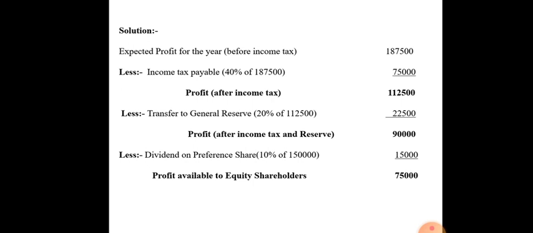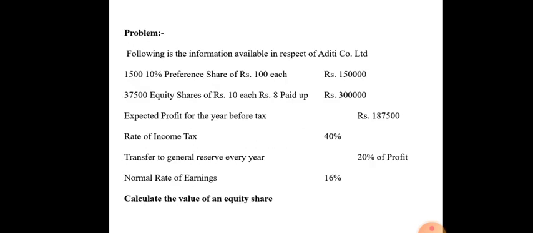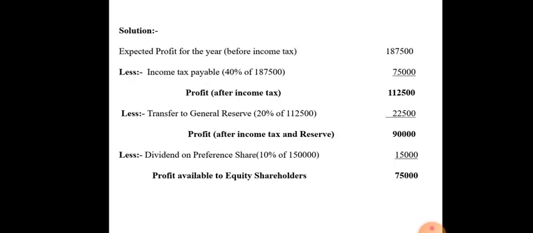From this profit we have to minus this 40% tax. The rate of income tax is 40%, so we minus 40% on this 1,87,500. The total is 75,000, it's the income tax we have to pay. After minusing this 75,000 from 1,87,500, the remaining amount is 1,12,500, which is nothing but the profit after tax.